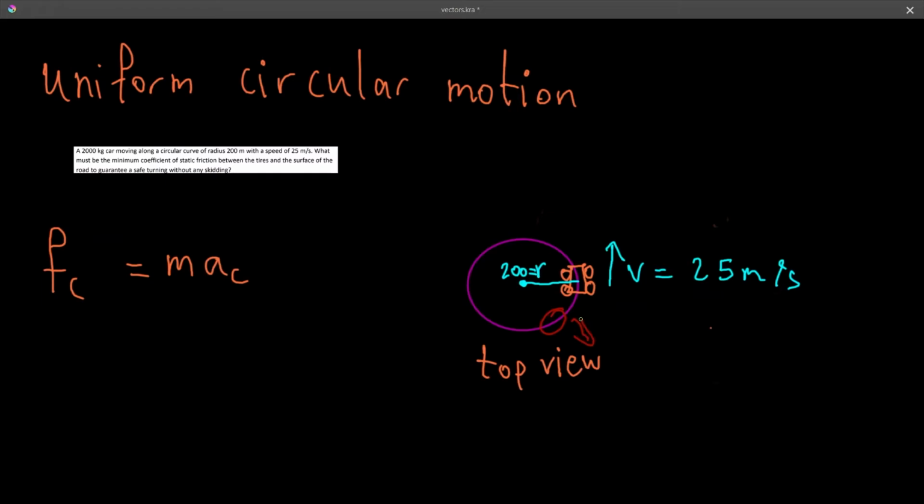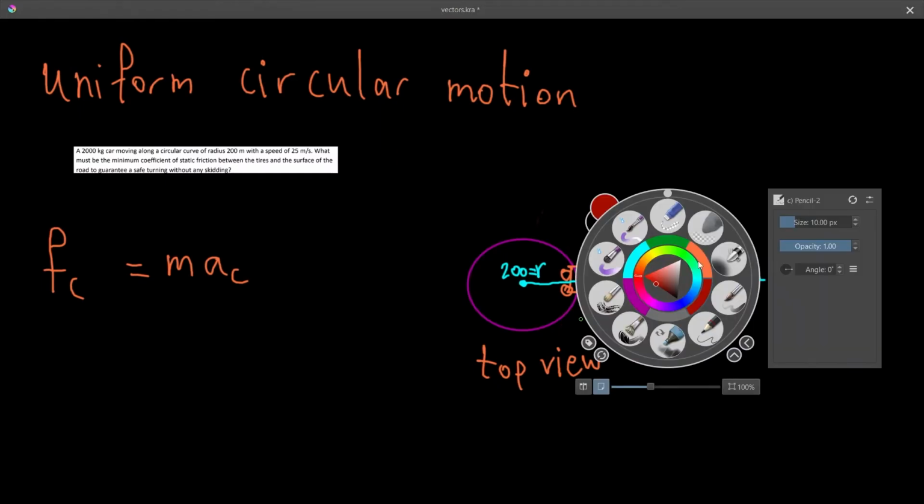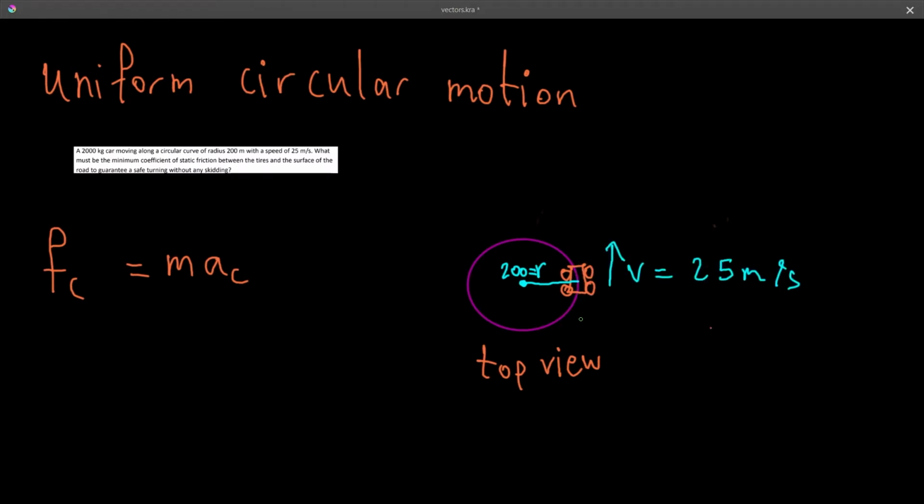And so the thing that's pushing it towards the center would be the frictional force. So in this case, static friction is actually equal to F centripetal. So you can say F_rs is equal to the mass times AC.